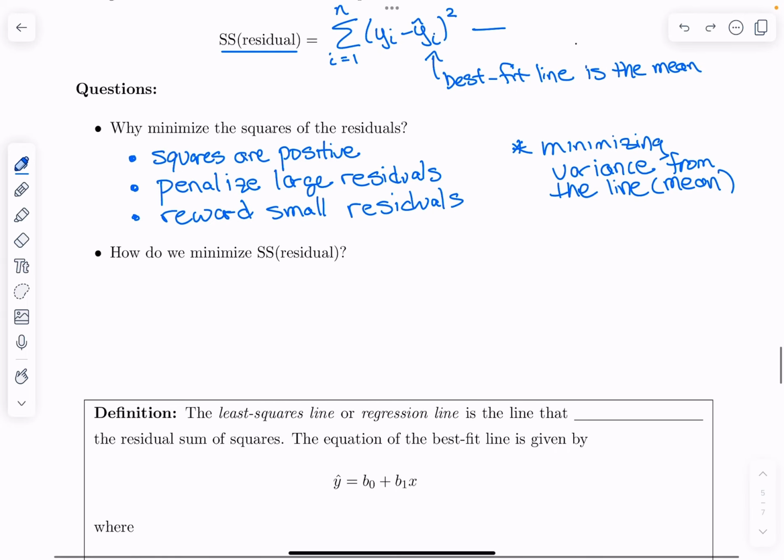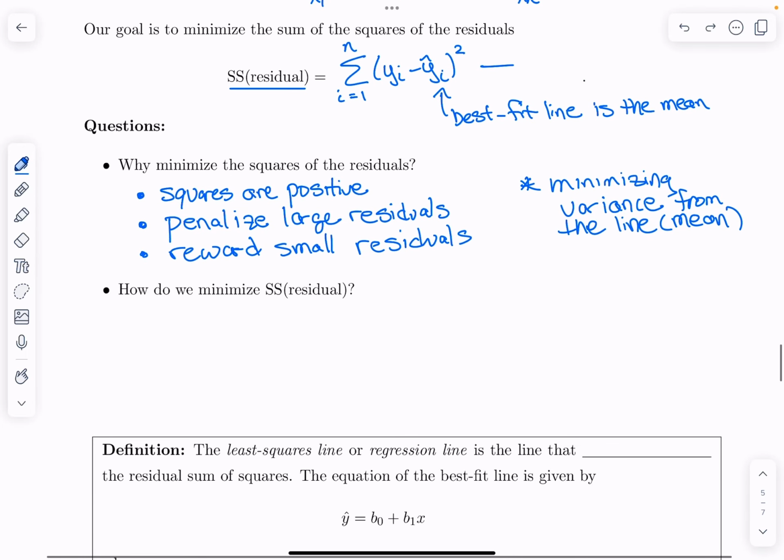Well, what's hidden in here that you can't see is that y sub i hat is a function of two variables. It is b0 plus b1x.